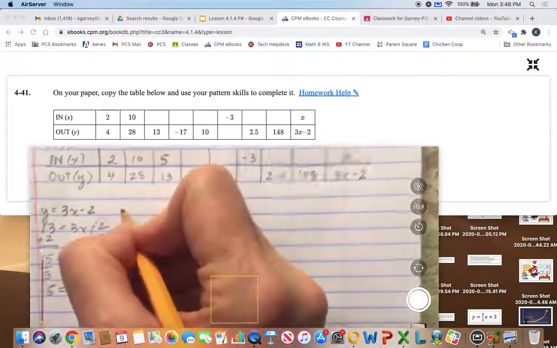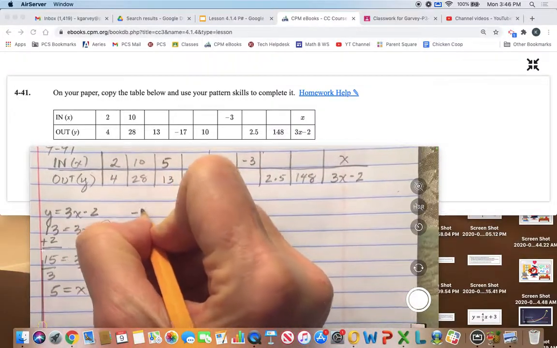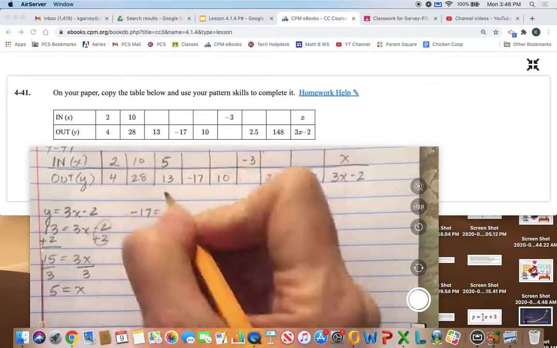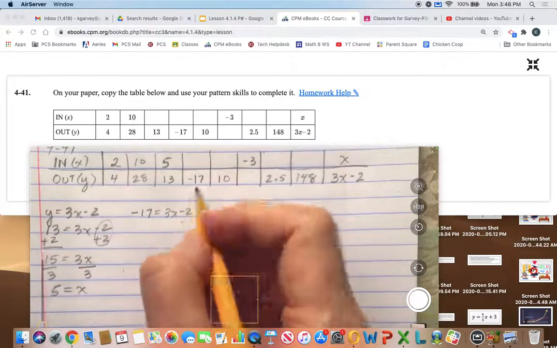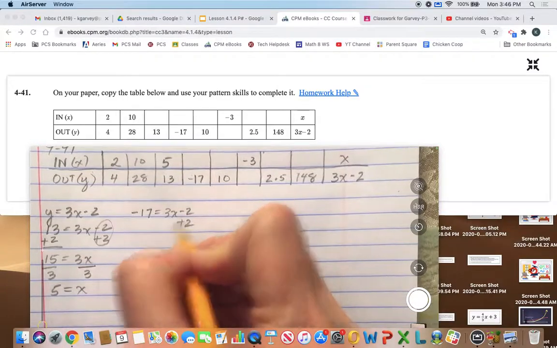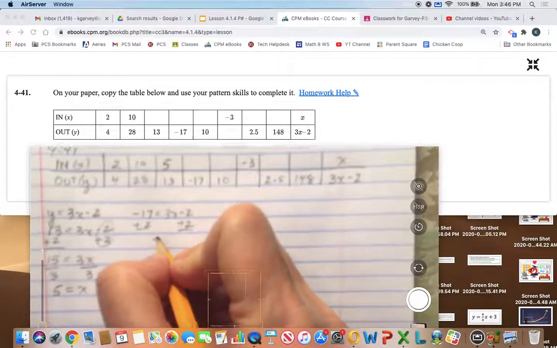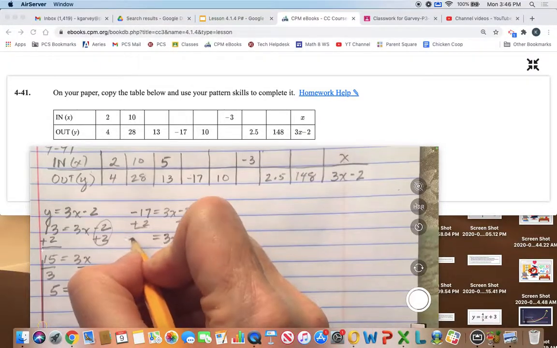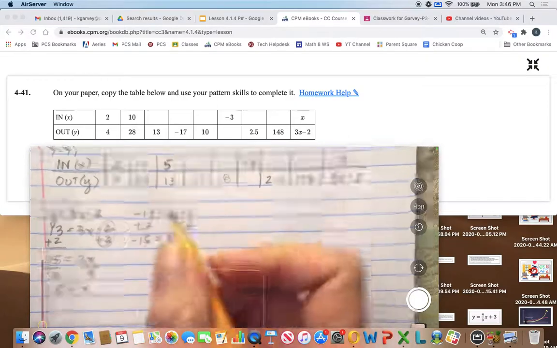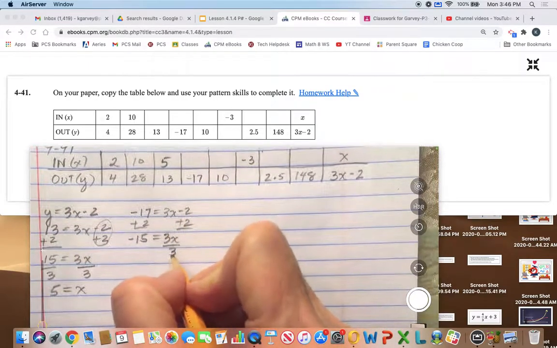Okay, so the next one, we can use this same method. Negative 17 is equal to 3x minus 2. So first we add the 2 back. And what we have left is 3x and a negative 15. And then we're going to divide by 3.